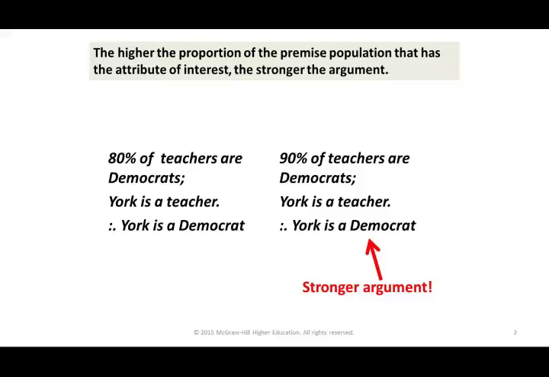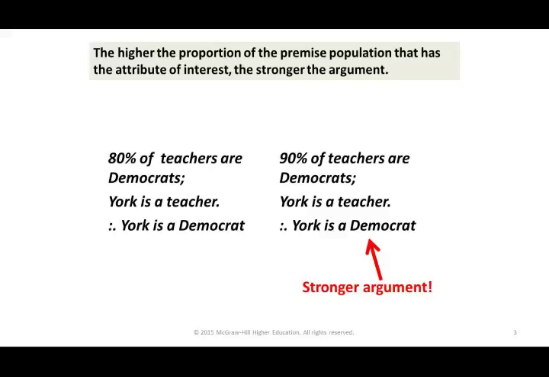They don't guarantee it, but they make it likely, or they are supposed to. And we assess inductive arguments as either strong or weak, or stronger or weaker. They're graded on a curve, relatively, in terms of the strength of the argument. Well, the strength of the argument about most teachers are Democrats, York is a teacher, York is a Democrat.